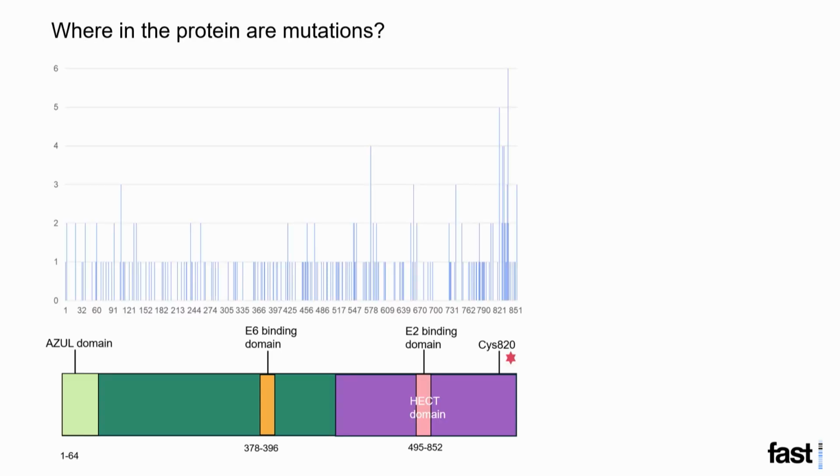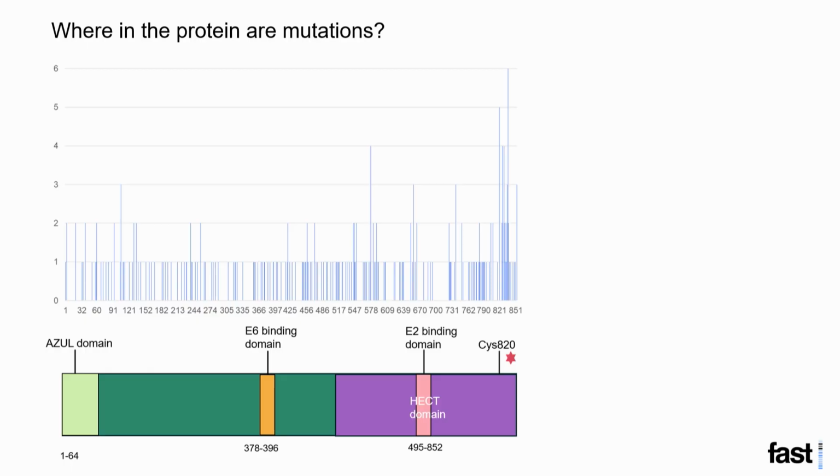In trying to understand the variability in mutation AS, there are 2 key pieces. One is where in the protein the mutations are. What we're seeing here on the bottom is the protein again with the different domains, and on the top is a mapping of the mutation at the amino acid that it occurred at. The key pieces here are, 1, mutations are throughout the entire protein.